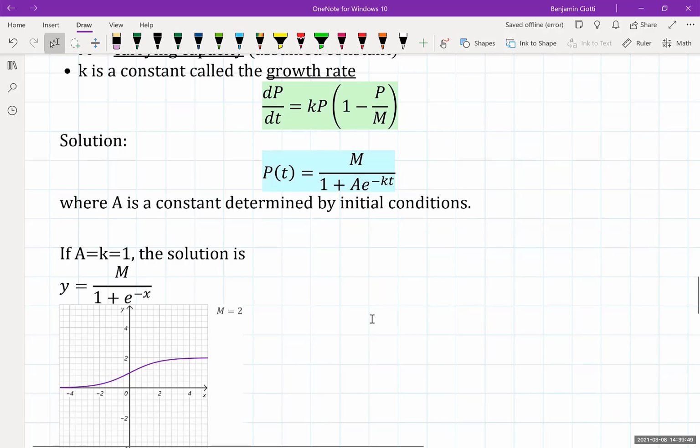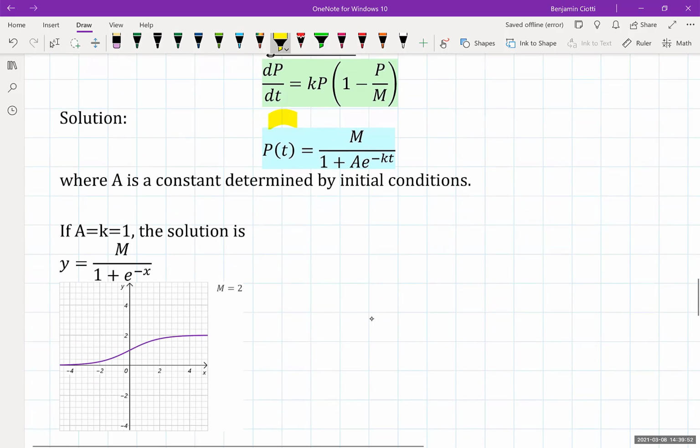So let me show you a picture of that solution. This is the solution that I'm talking about. If I graphed it, we would get this shape right here. There's actually a name for that shape. It's called a sigmoid. Well, let me say that more carefully.